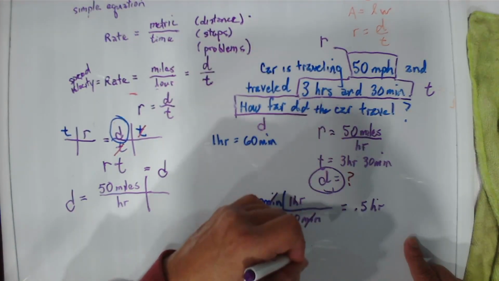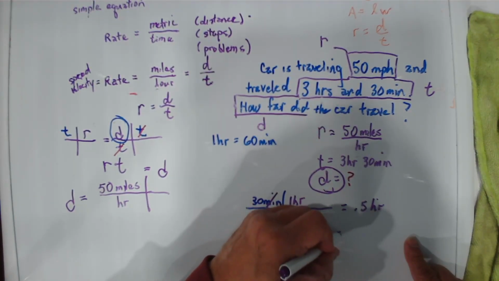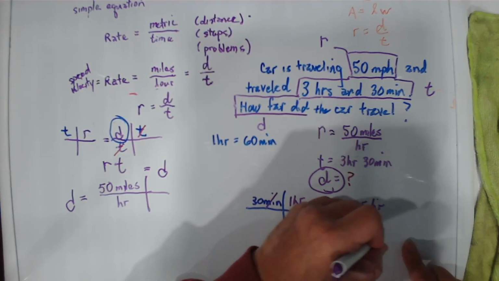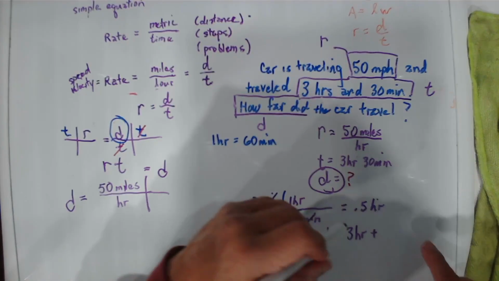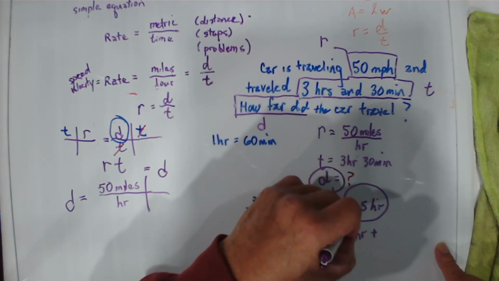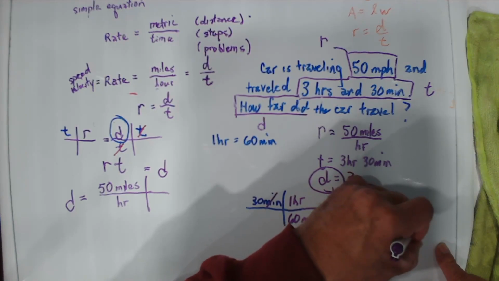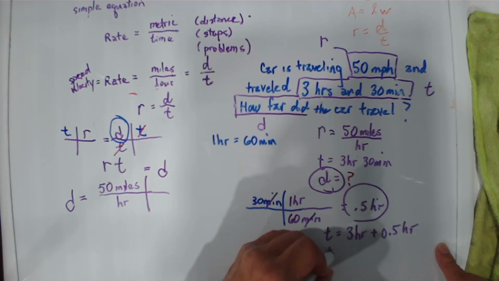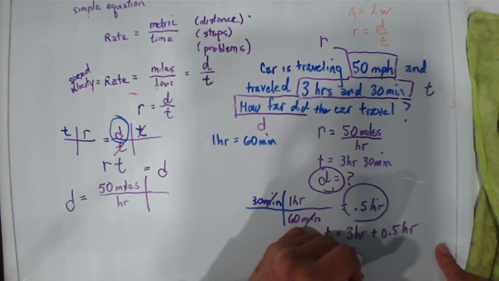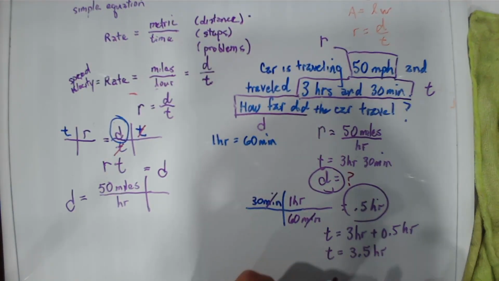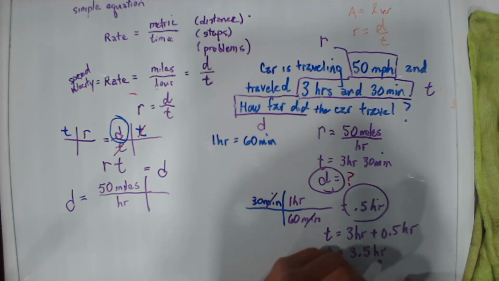So when I look at time, T is equal to 3 hours plus the value that we just calculated right here. And we have T equals 3.5 hours. Okay, good. Now we got something that we can use here.